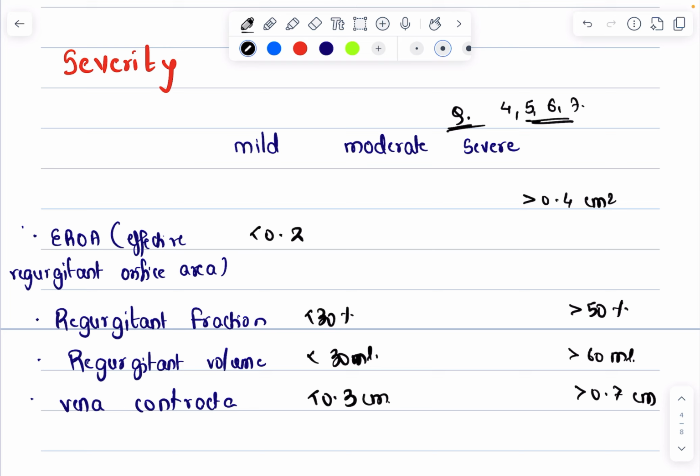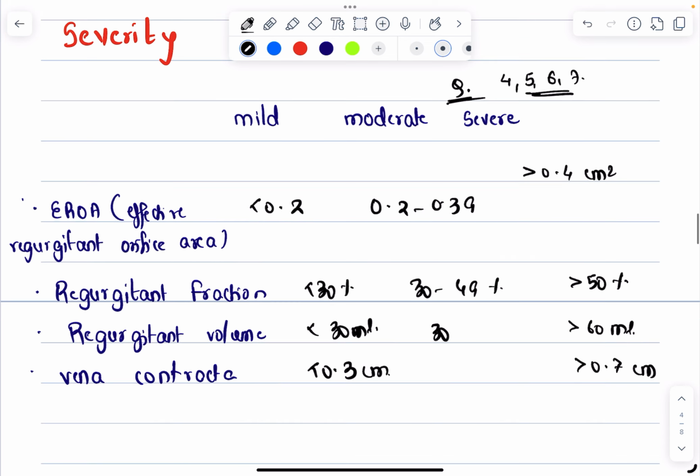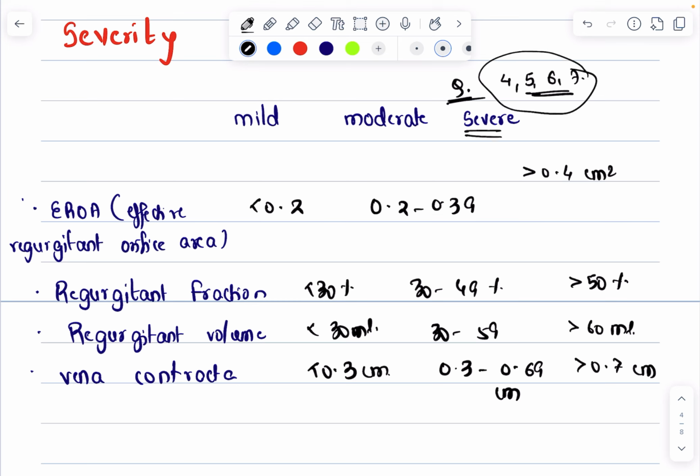And for moderate case, EROA is in between 0.2 to 0.39, regurgitant fraction is 30 to 49 percent, regurgitant volume is 30 to 59 ml, and vena contracta is in between 0.3 to 0.69 centimeter. So only remember the severe MR, which could be remembered by 4, 5, 6 and 7.